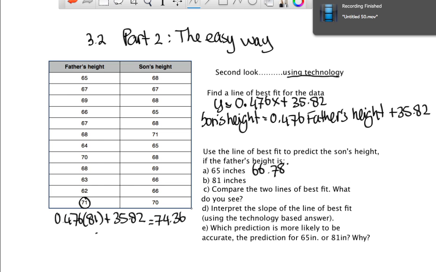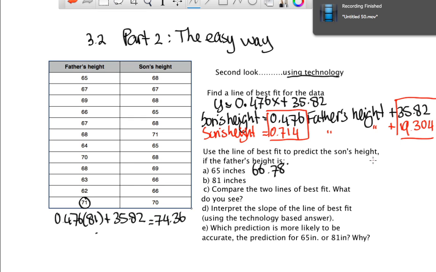Compare the two lines of best fit. What do you see? So let me find the other one, and I'll write it in red. So the other one was son's height, the one we did by hand, and the slope was 0.714 times the father's height. So we'll just cheat a little, plus 19.304. Well, slope is different, and intercept is different.